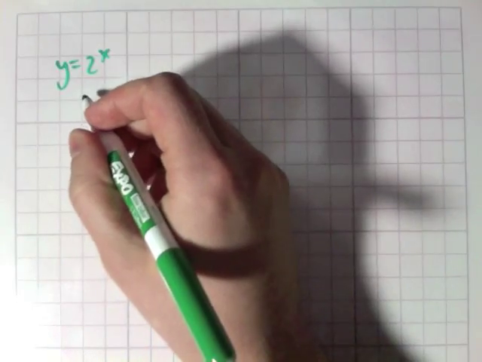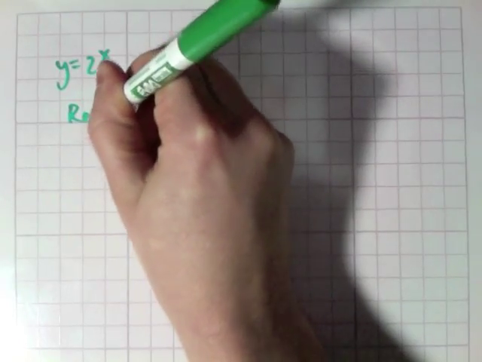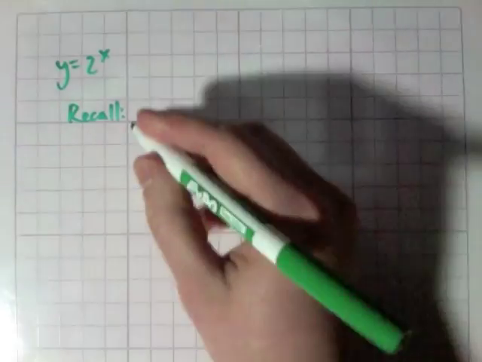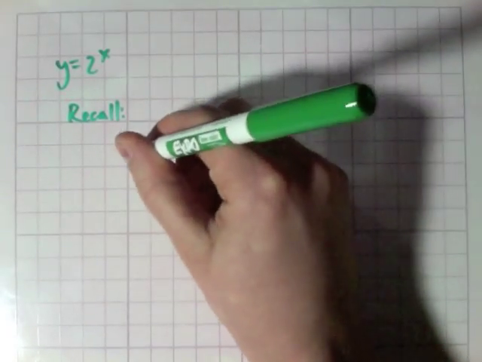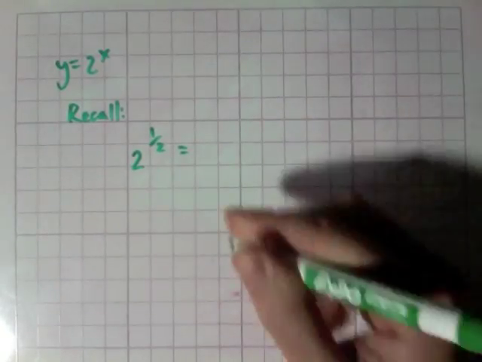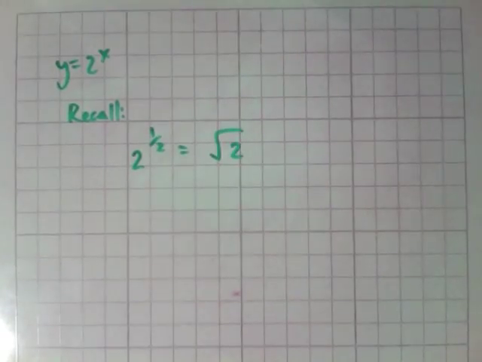Now, we have worked in the past, if we recall, with rational exponents, right? Where we said that, for instance, 2 to the 1/2 power, you may remember, is the same as the square root of 2.